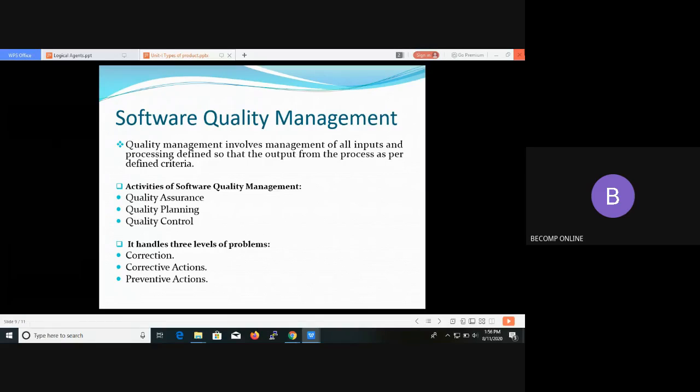Here we can see an example of corrective action. Root cause analysis of the defects is done, and their introduction in the system is identified. So in corrective action, we have to identify where the cause is. Accordingly, actions are initiated to stop the occurrence of similar defects in the future.